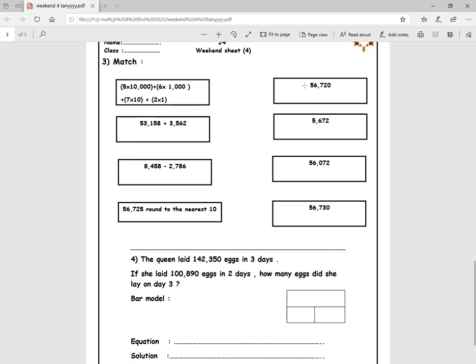So let's see which of these have 56 in the thousands. I checked and found this one, this one and this one. So let's continue reading. 7 times 10. So the one I need has 7 in the tens. Do I have 7 in the tens here? No. And this one? Yes. Here it is in the hundreds. So this is the only one with 7 in the tens, so this is my right answer.